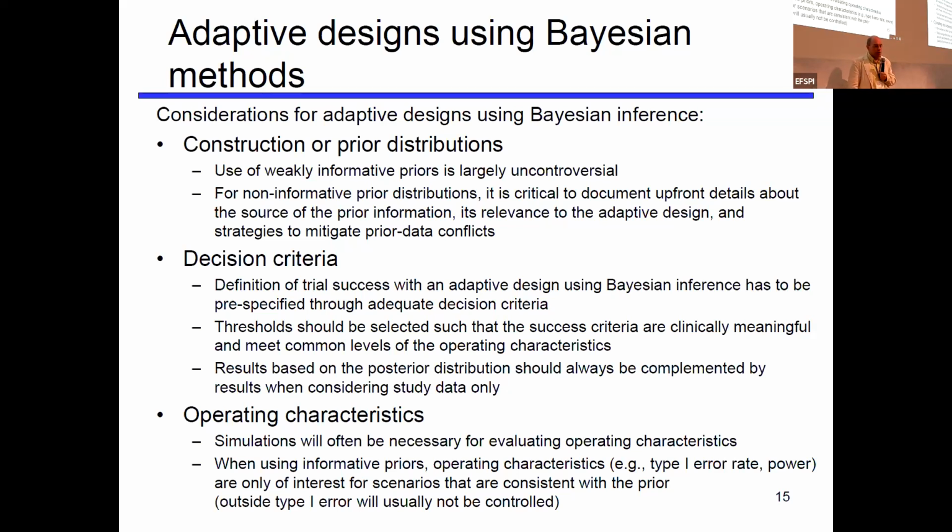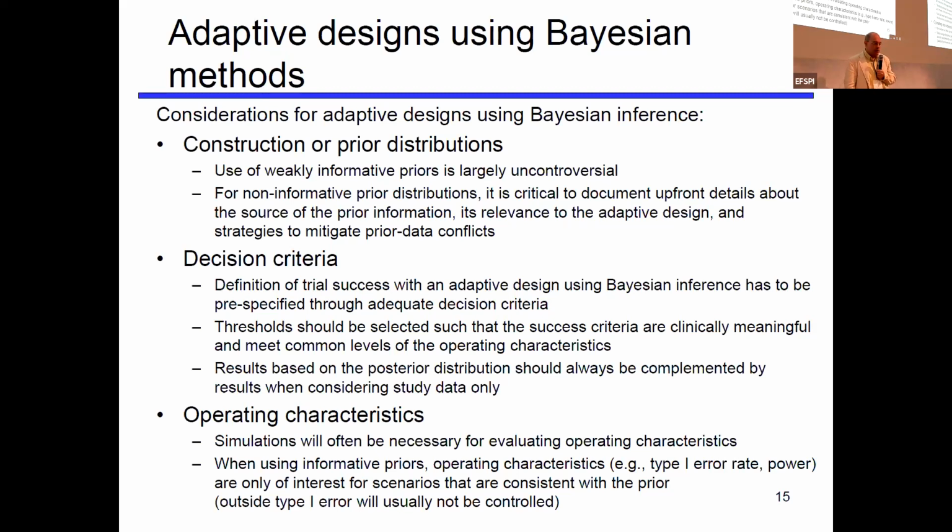Decision criteria for trial success within adaptive designs should be pre-specified. This is also true for Bayesian inference, and thresholds should be selected such that success criteria are clinically meaningful and also meet common levels of success based on the chosen operating characteristics.